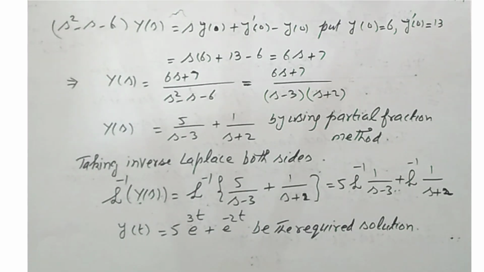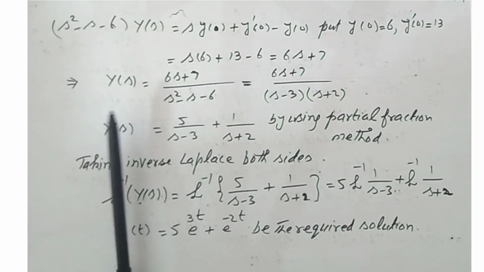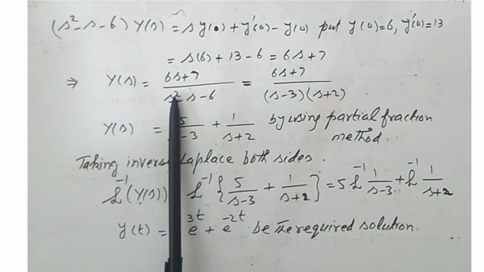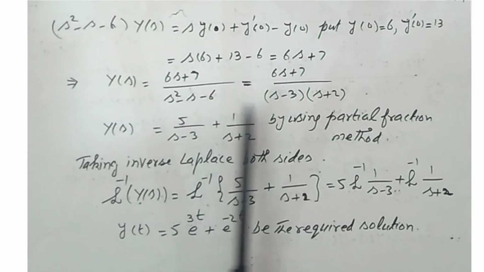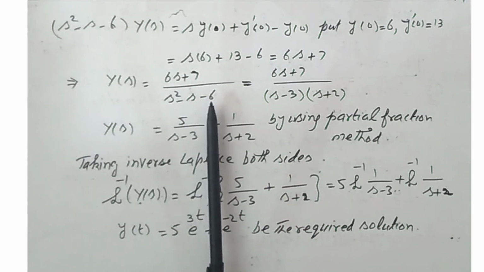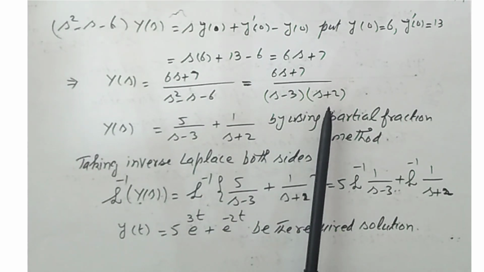So this becomes 6s plus 7. So Y of s equals 6s minus 7 over s square minus s minus 6, and we take the factors of this, s minus 3 into s plus 2.